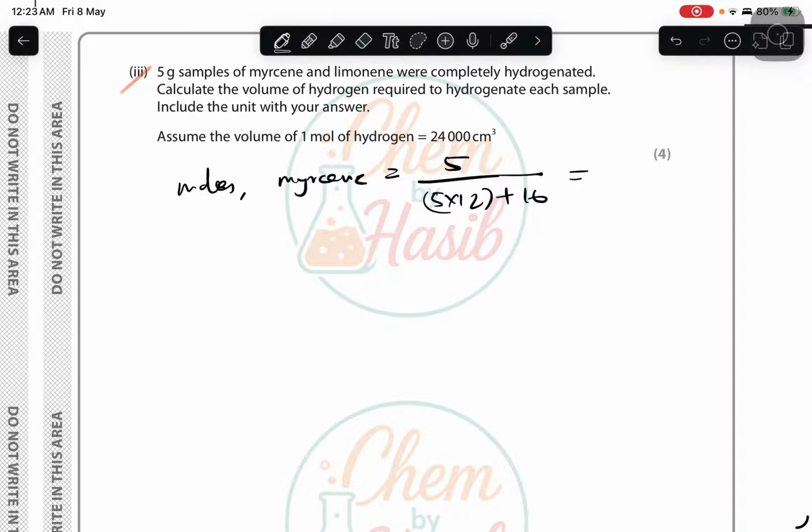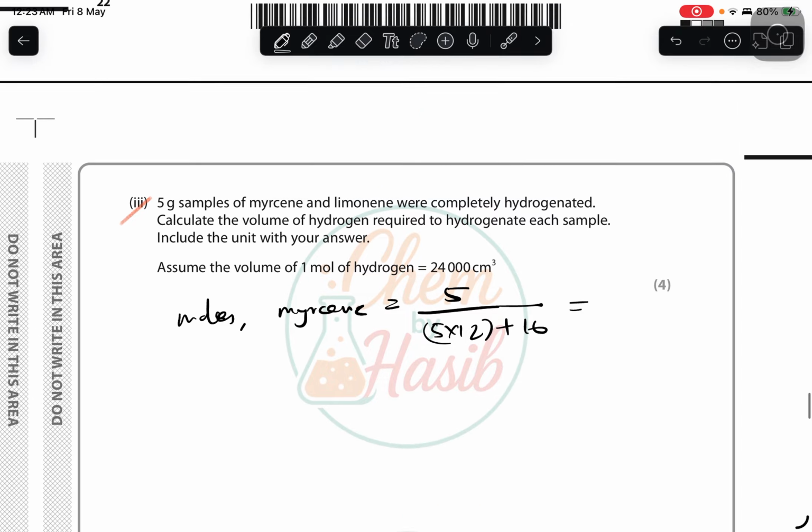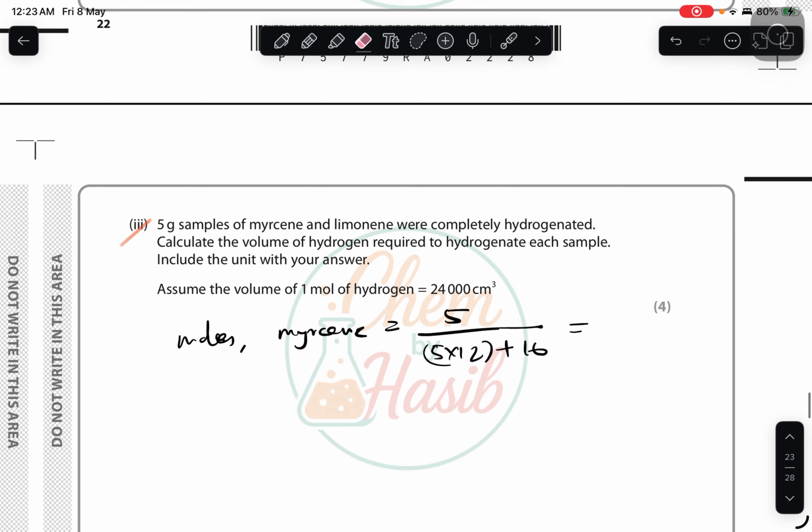So if you calculate the number of moles of myrcene, so this would be 60 plus 16, right? Sorry, my bad. It is C10, right?